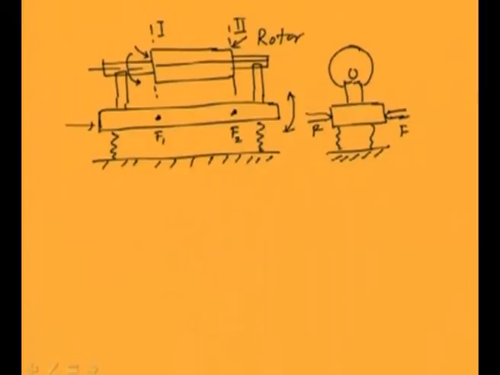So in the first case we have the fulcrum at F1, so that when we rotate the rotor, it oscillates about F1. Generally the speed of the rotor is kept near the resonance of the foundation structure. So if the stiffness of the support is K and the total mass of the support is M, the speed should be nearly the square root of K by M, so that we have large oscillations which we can measure.